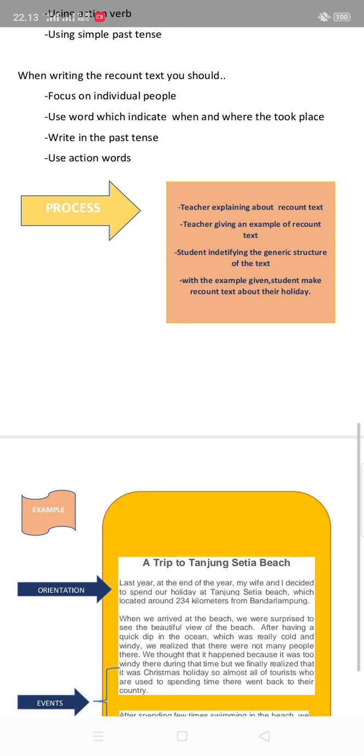I hope students will identify the generic structure of the text in the example, and then with the example given, I hope students make a recount text about their holiday. I think this is the exercise for students.